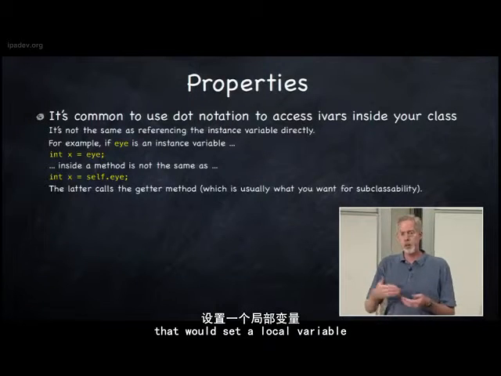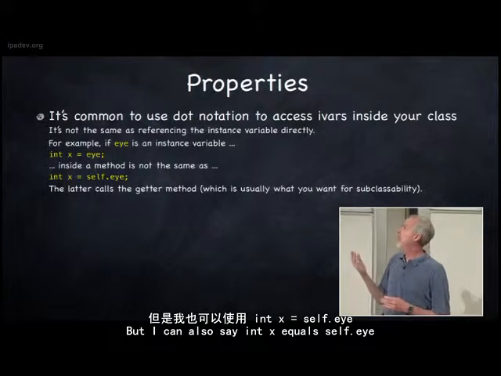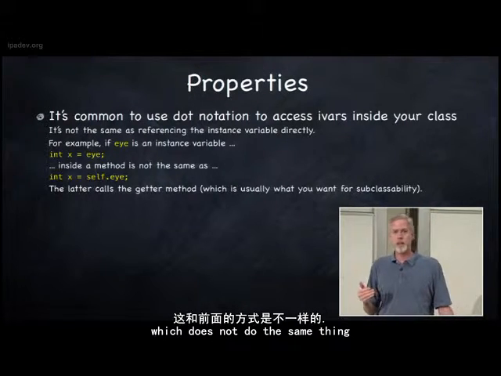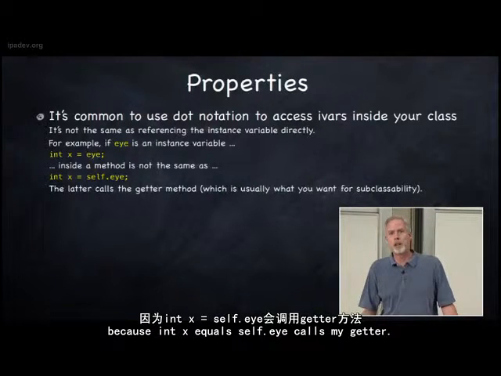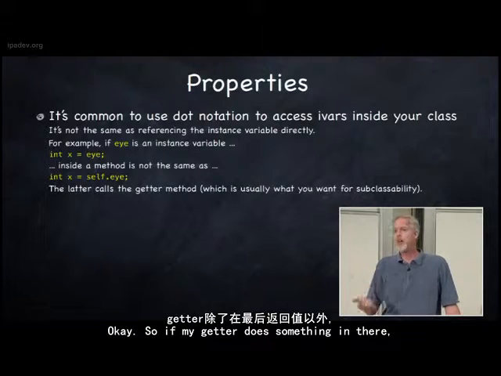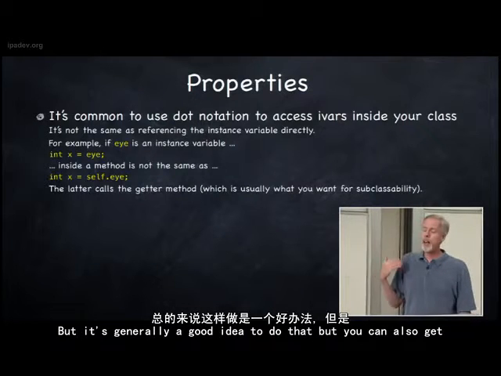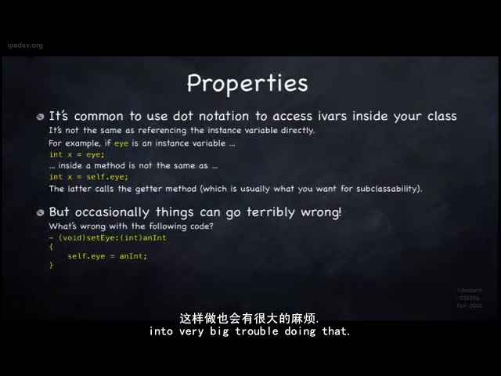That would set a local variable to my instance variable i. That would work fine. But I could also say int x equals self.i, which does not do the same thing, because int x equals self.i calls my getter. Okay, so if my getter does something in there, in addition to returning the value, that's going to happen. But it's generally a good idea to do that, but you can also get into very big trouble doing that.